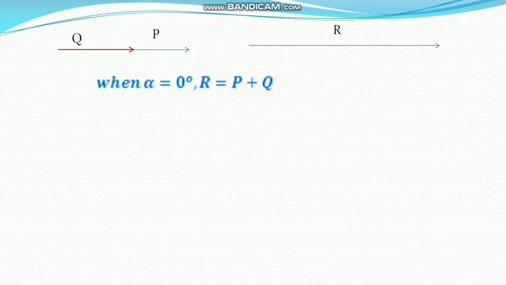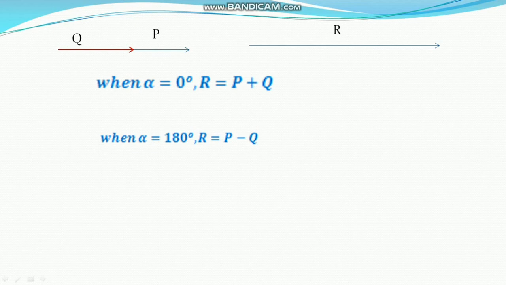Similarly, if the angle between the two forces P and Q is 180 degrees, that means they are opposite and collinear forces.